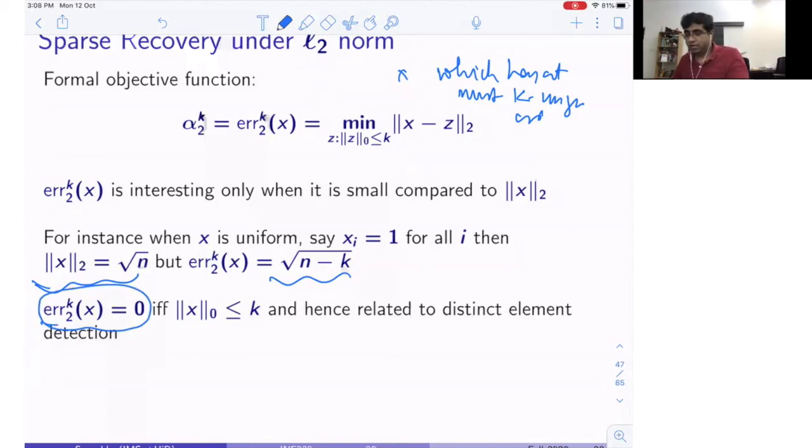So norm of x minus z, you have taken the same vector, so all you get is a 0 vector. So you can show this error is 0 if and only if the L0 norm of x is less than or equal to k, and hence it is related to distinct element detection in some sense.